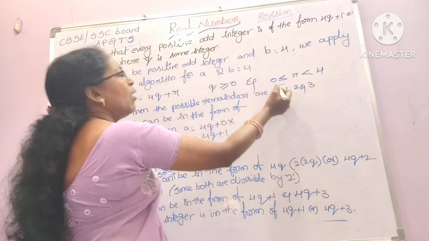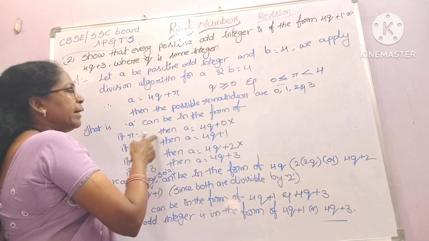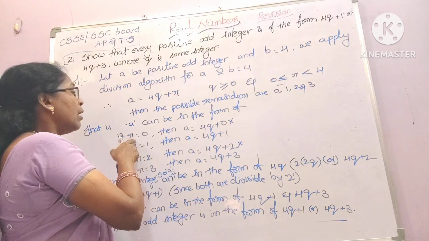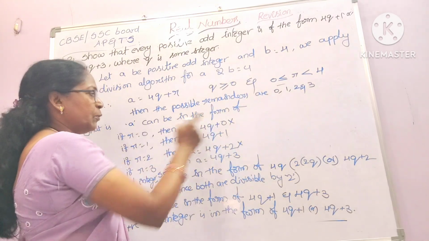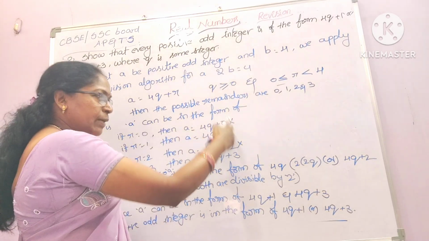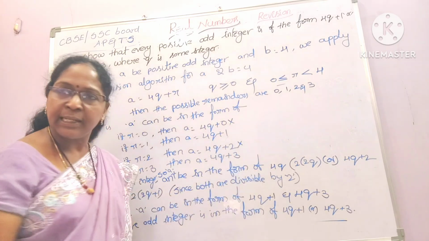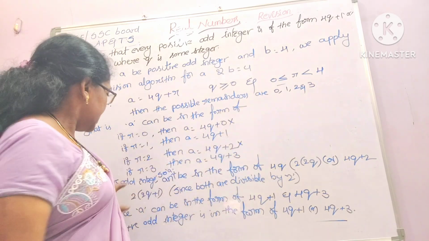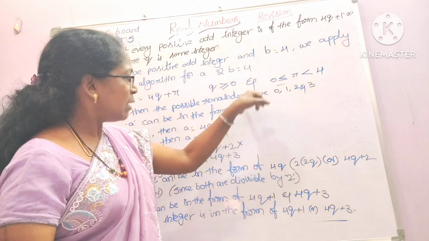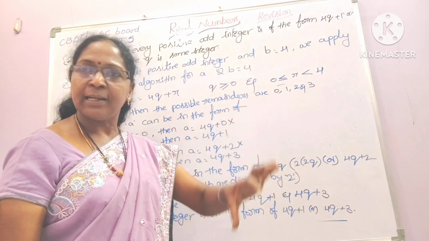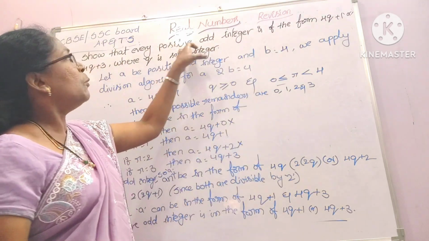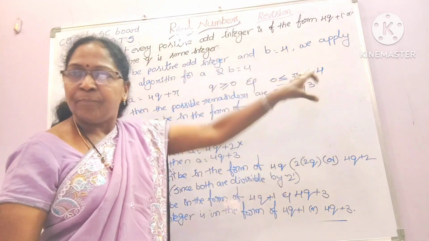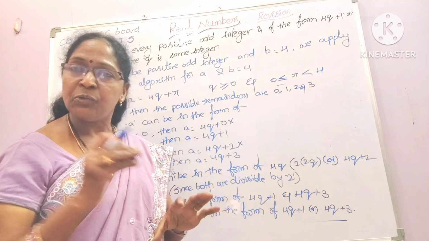Now here one by one you have to take the remainder and find out the a value. If you take r equal to 0, then you will get 4q. If you take 1, 4q plus 1, like that 4q plus 2, 4q plus 3 you will get. That means a can be in the form of these four forms. But here the condition is a is a positive odd integer, not a positive even integer.